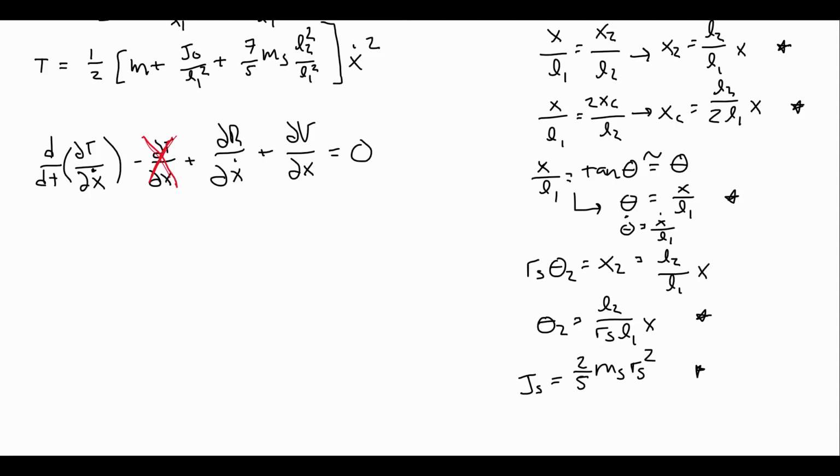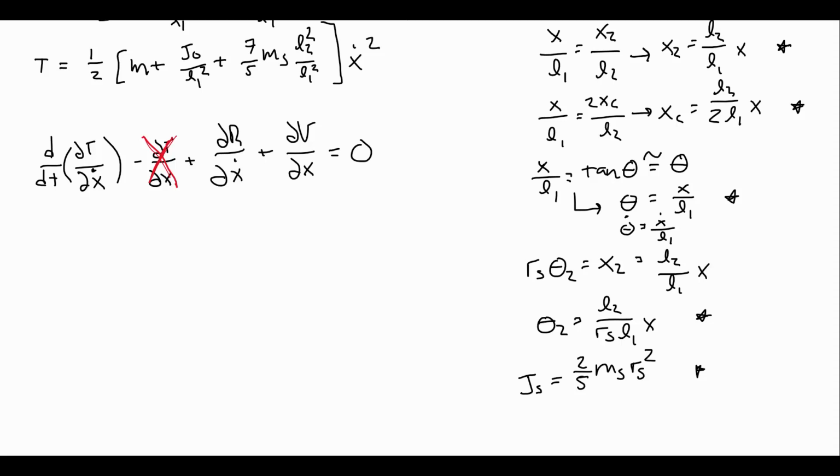All right, so let's see what we have here. So we want to take the partial derivative of T with respect to x dot. Well, conveniently, I've already written this in a nice way. So when I differentiate with respect to x dot, that 2 is going to come out in front and cancel the 1/2.